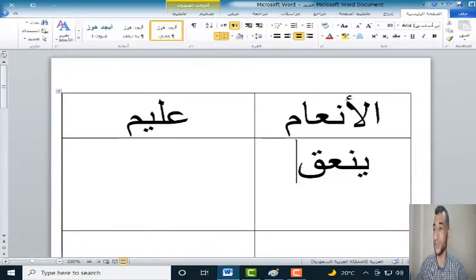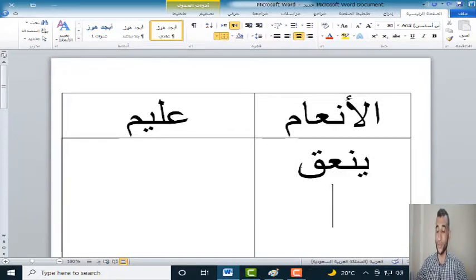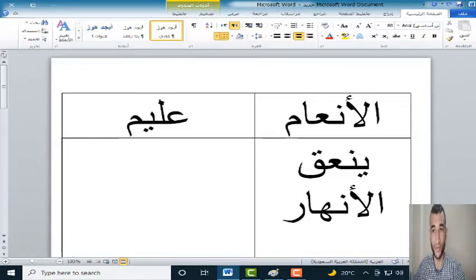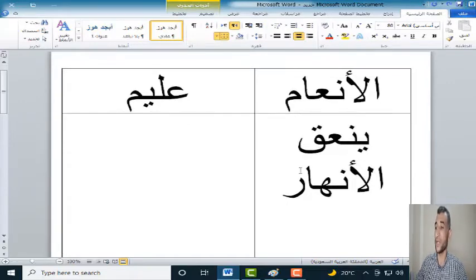So I can find the consonant Nun in verbs like yan'iku and also in nouns like Al-An'am or Al-Anhar, the rivers in the English language. I can also find the consonant Nun in prepositions like min, which means from in English, or an.